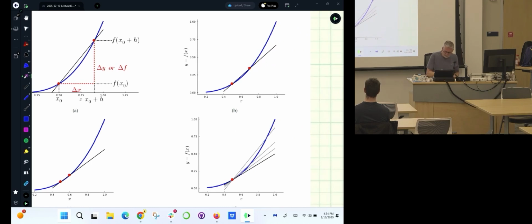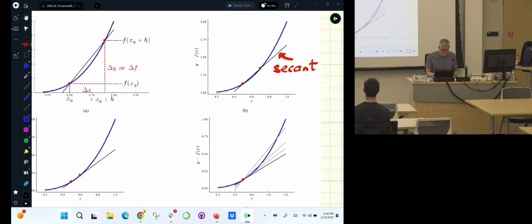So this line, when you pass it between 2 points like we've done over there, that's called a secant. And secant just means cutting in Latin. So it's a line that cuts the curve here in 2 places.